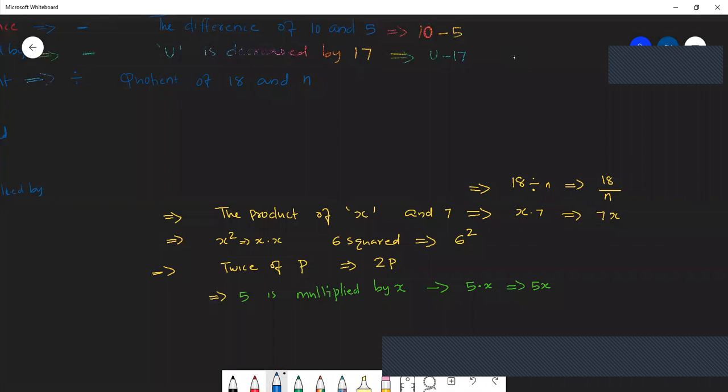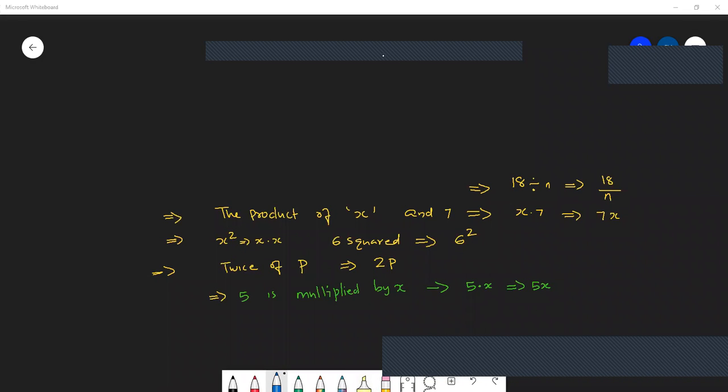Now what we are going to do is flip it. We will have an algebraic expression and go to a verbal expression. That's what we are going to discuss.